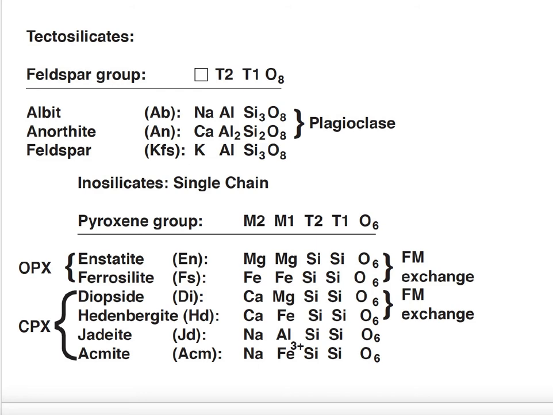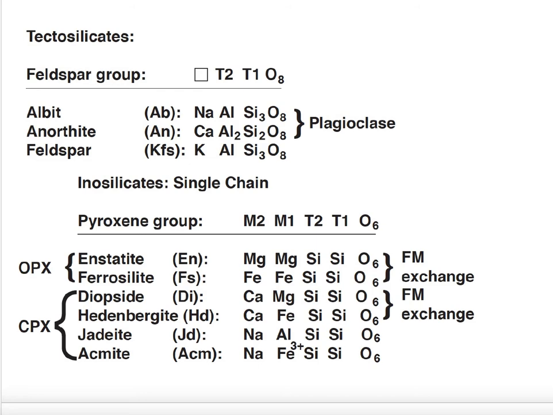These are the tectosilicates. The most common tectosilicate is quartz, which has the mineral chemical formula SiO2. This one I have not written down here because it is too simple, but I have written down the feldspar group.